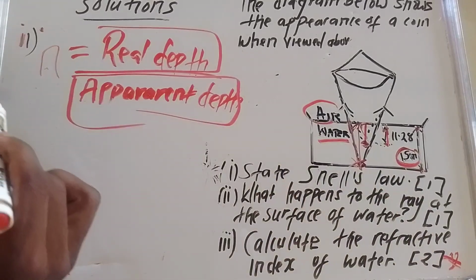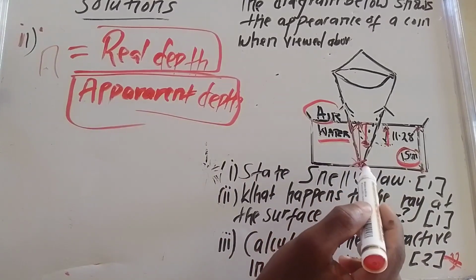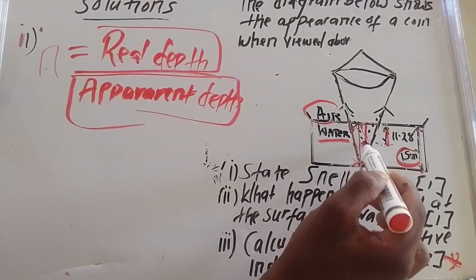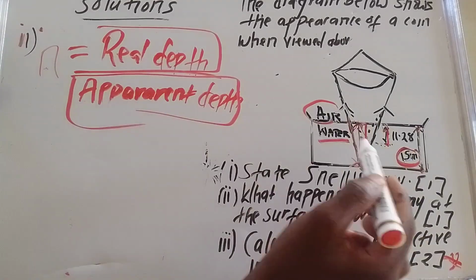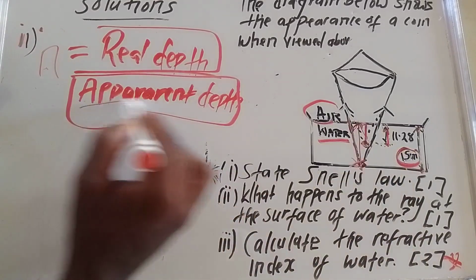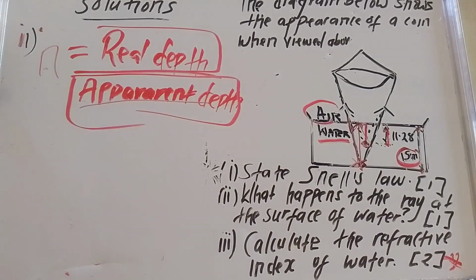Meanwhile, it is below here. So this height, from this point up to the surface of the water, is what we call the apparent depth. I hope you have gotten that.